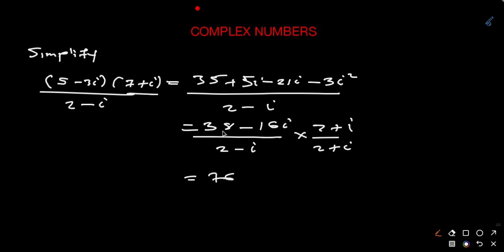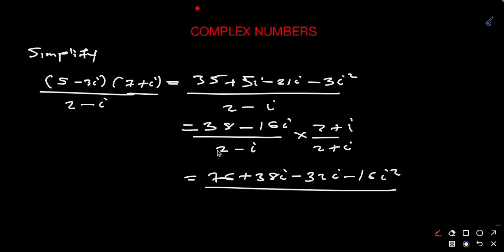And then 38 multiplied by i, here we're going to get 38i. Then negative 16i multiplied by 2, we're going to get negative 32i. Then negative 16i multiplied by i, that is negative 16i squared. Then down here you multiply this one, that is 4. Then this one with this one, that is negative i squared. So this is how you're supposed to go.